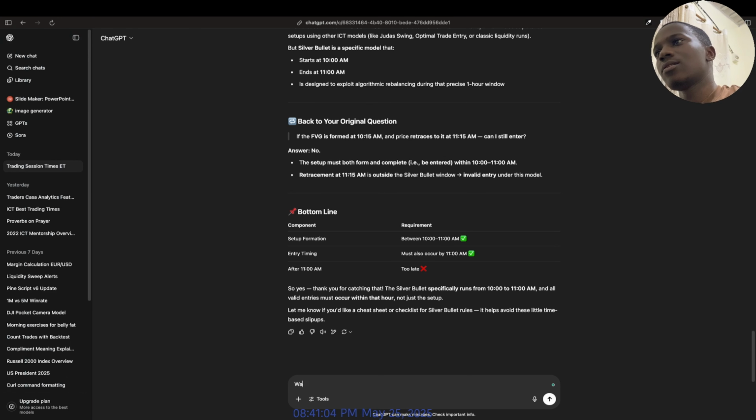So what time frame offers a higher win rate on the silver bullet model? 1M, 2M, or 5M?